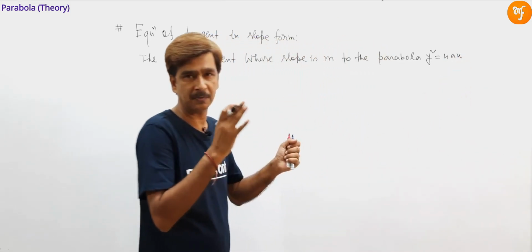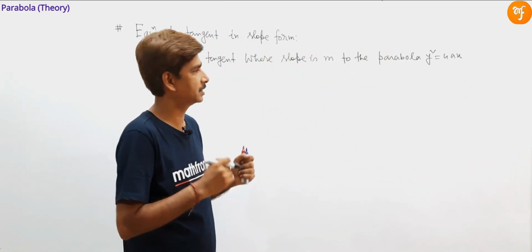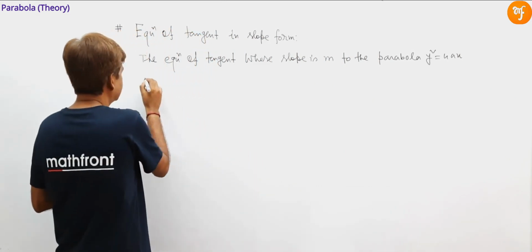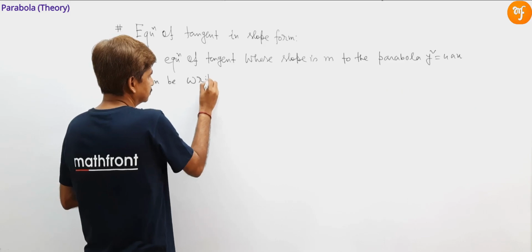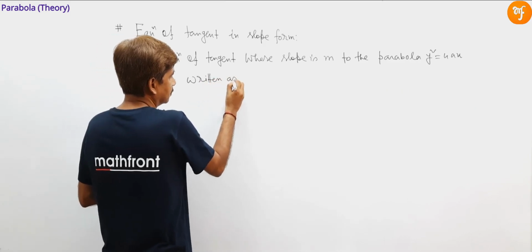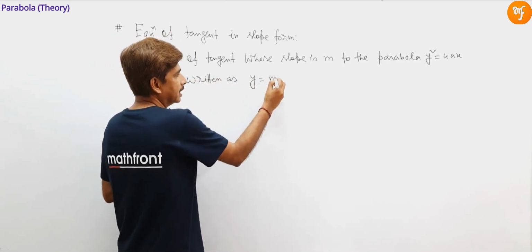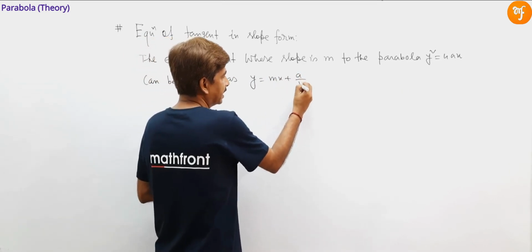So the equation of the tangent to the parabola y square is equal to 4ax can be written as y is equal to mx plus a by m.